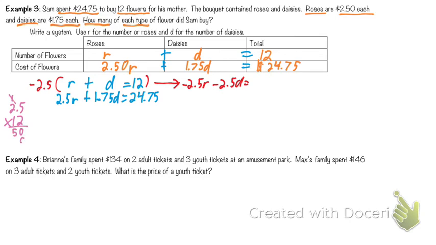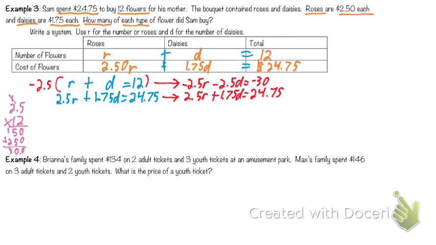What's 1 times 5? 5, I put my placeholder 0. What's 1 times 2? 2. Add these together: 0 plus 5 plus 5, that's 10. 300. How many numbers did I have behind the decimal to start? 1. So how many numbers do I need behind the decimal at the end? 1. So it is 30. So it equals negative 30. And the bottom equation stays the same: 2.5R plus 1.75D equals 24.75.